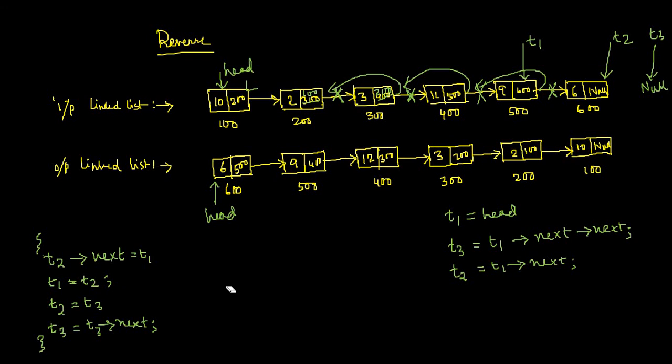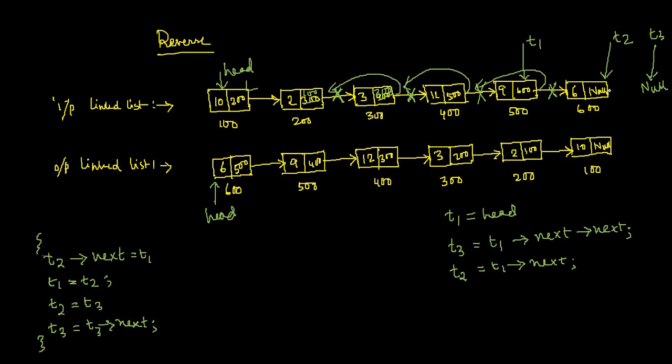Current position of T2, T3 something like this. And now still I have something, this last one to connect. The last one to connect. And obviously T2 next equal to T1 will execute, right? So at that time what will happen?